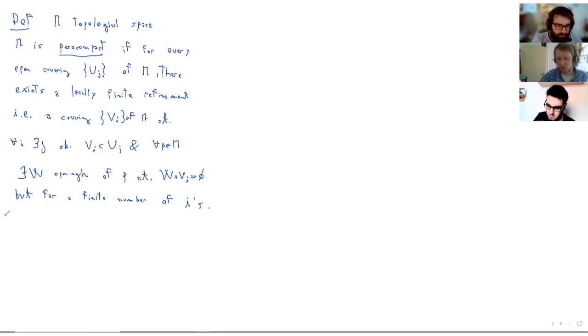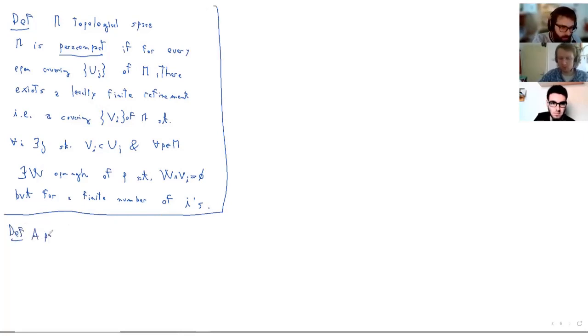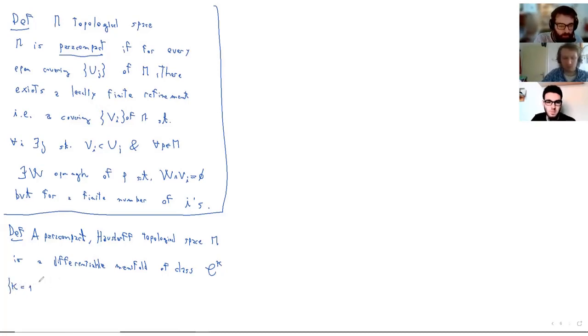Okay, so now let's define what a manifold is. A paracompact, Hausdorff, so you know Hausdorff means T2, topological space M is a differentiable manifold of class C^k, and here k can range technically from zero, but when it's zero you don't talk about differentiable manifold, you talk about topological manifold.